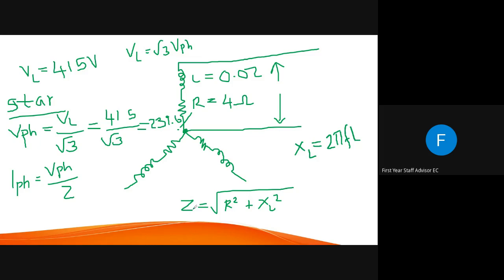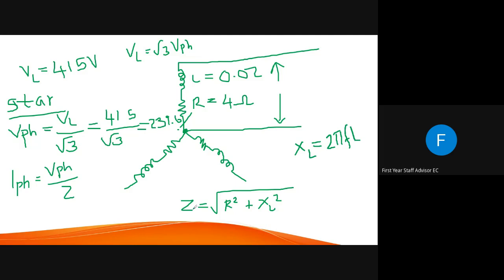The question was to find out phase voltage, phase current, power factor and power. Phase voltage we have calculated. Phase current is phase voltage divided by impedance. Now look into the circuit diagram. It is not only an inductor there. It is a combination of resistor and inductor that becomes an RL circuit. Z is equal to the square root of R square plus XL square.